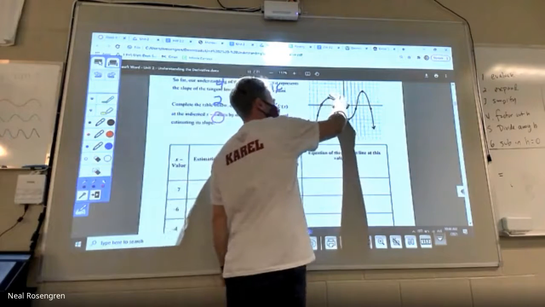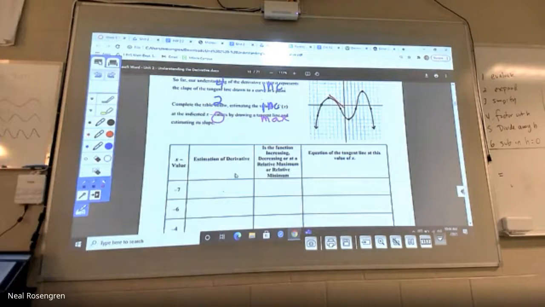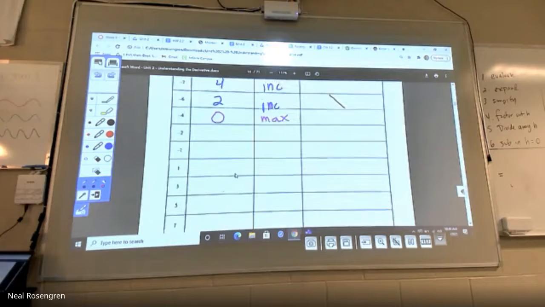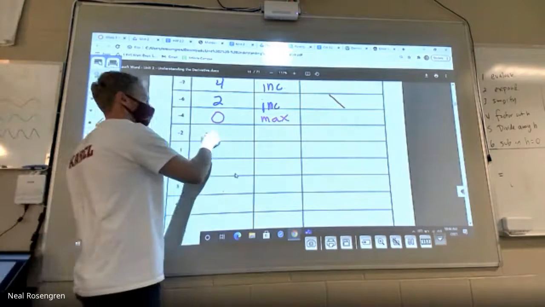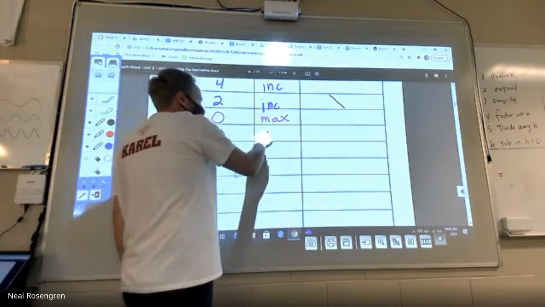Yeah, -1 looks pretty good. I can draw a line that goes down 1 over 1. So once we get to -2, we're at more of a -1 kind of slope. Increasing, decreasing, min, max? Yeah, going down, absolutely. You're walking down the hill.